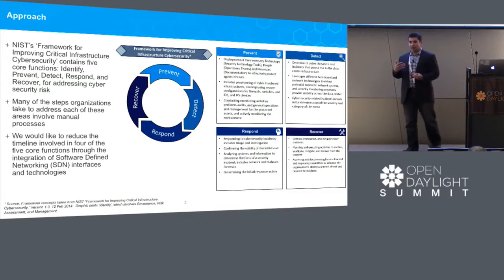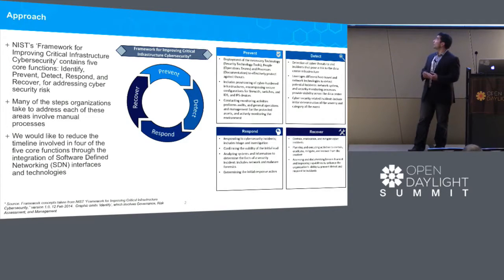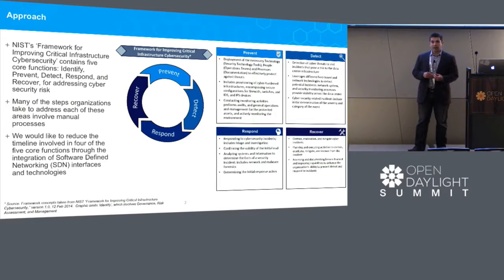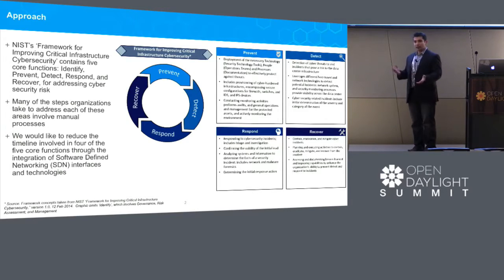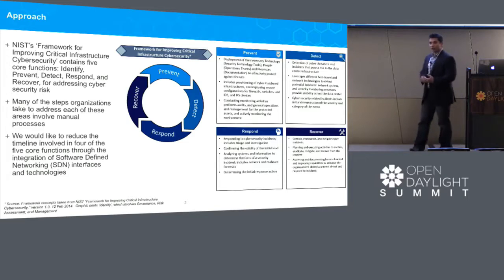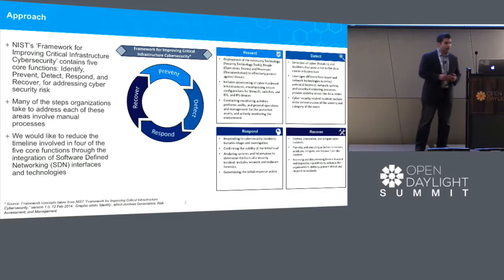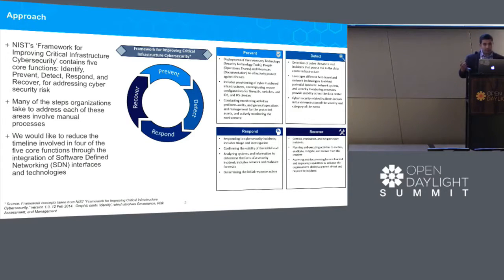Once that anomalous activity is flagged, you typically perform incident triage, and then you engage your network forensics and malware forensics team to analyze what happened with the incident, and then determine your initial course of response. Then you enter the last stage, your recovery stage, which includes containment, eradication, and mitigation of your incident. As you can tell, this entire process is very manually intensive, and it requires a lot of human involvement.